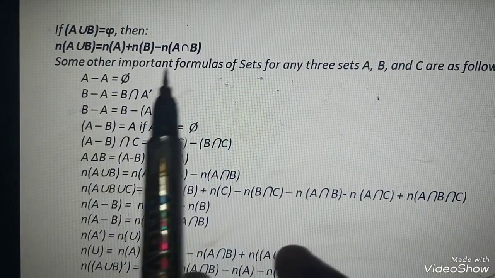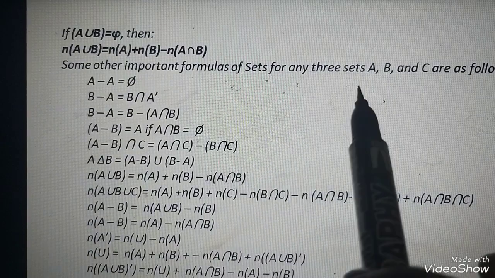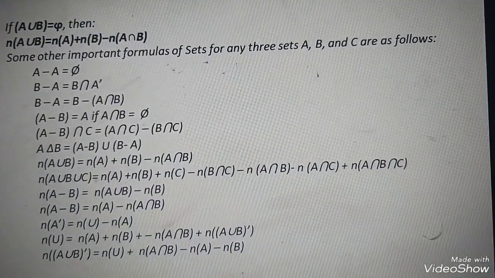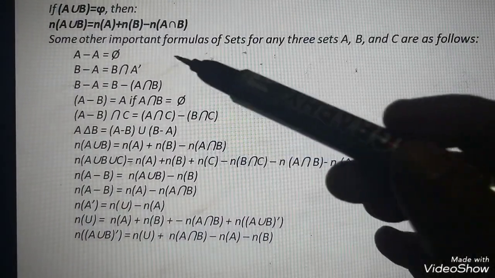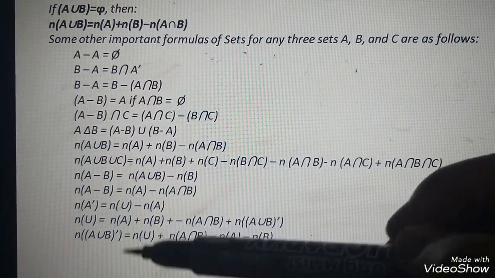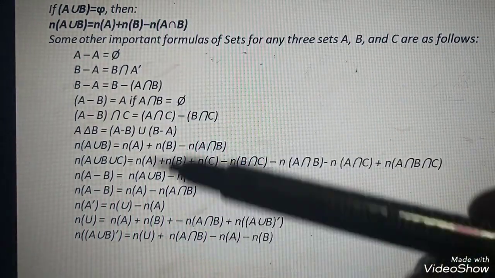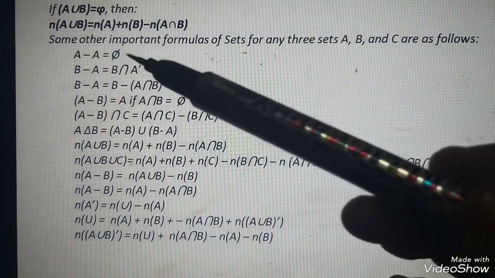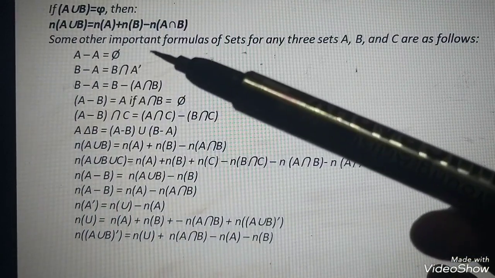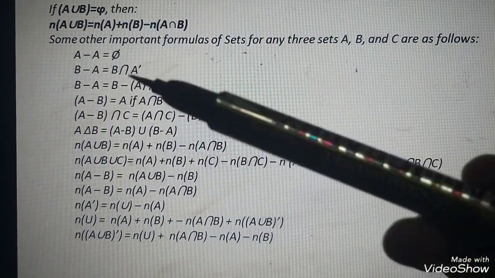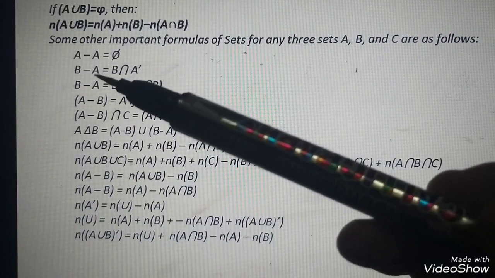Some other important formulas of sets for any three sets A, B, C are as follows. If three sets are given, we have different types of formulas, children, and we have to remember these important formulas. Before going to the exam, we have to take out the list of formulas of each chapter and remember every formula.